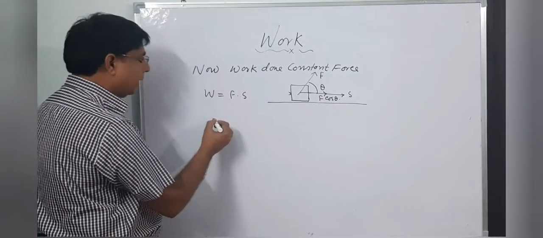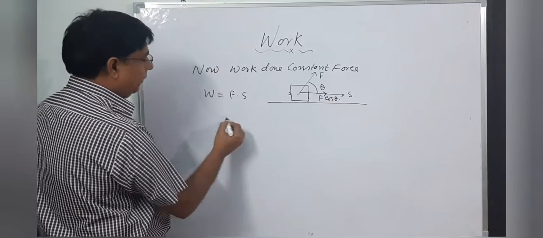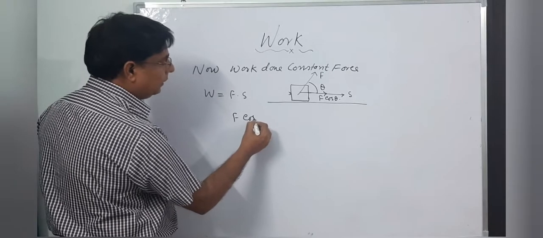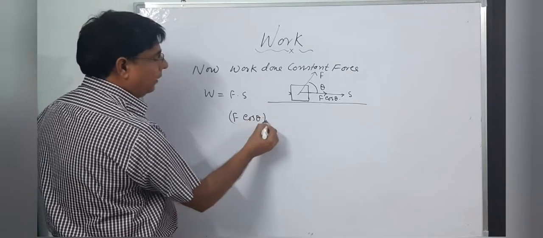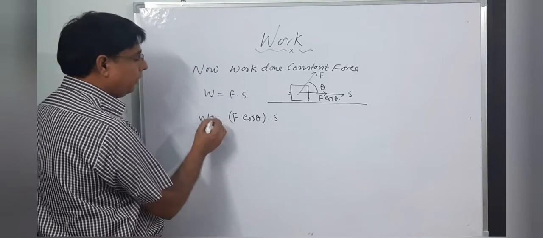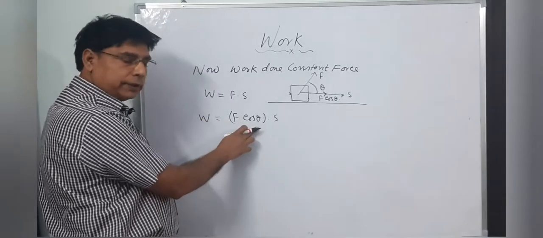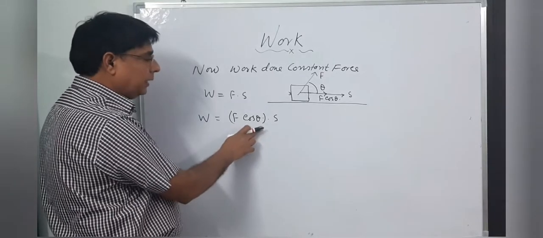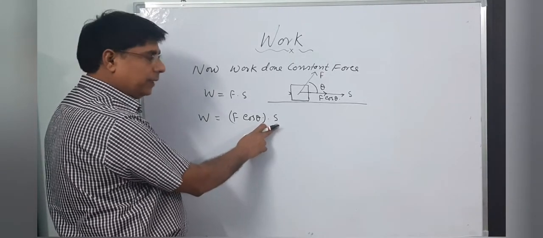So, this force becomes F cos theta, and here is the displacement, therefore work will be equal to force, that is F cos theta, times the displacement.